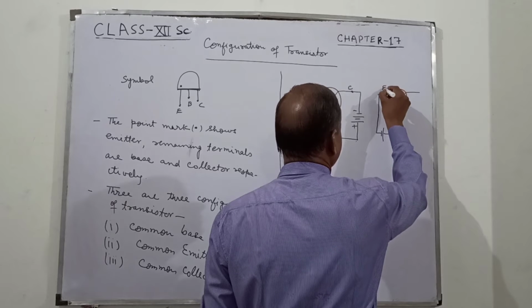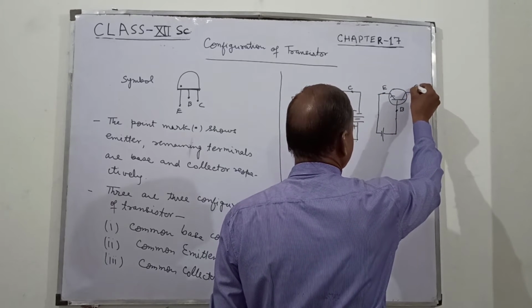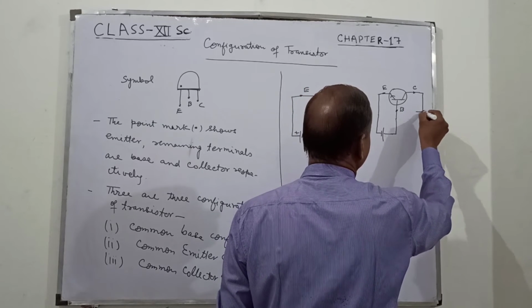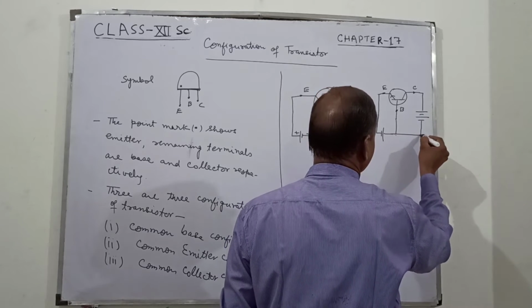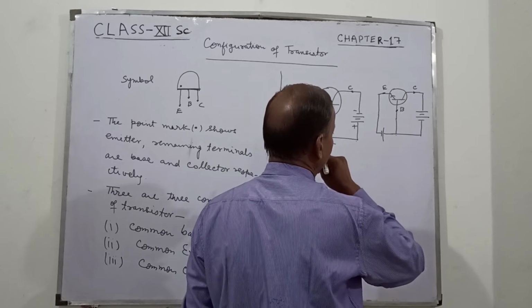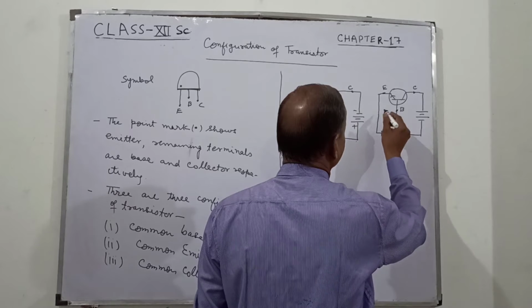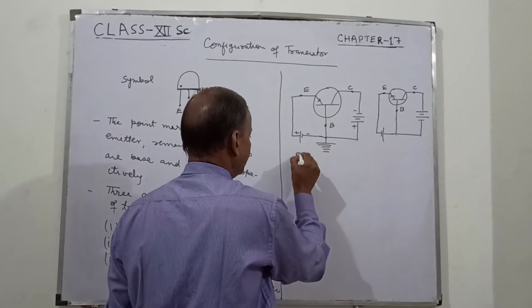This is emitter, this is base, and this is collector. Now this is for NPN, this is a PNP.